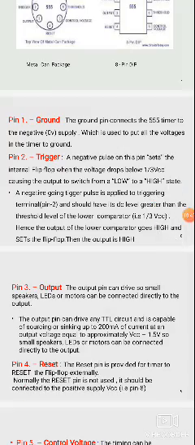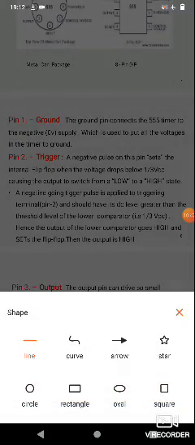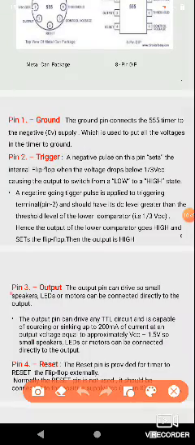The next pin is pin 3, used as the output pin. The output pin can drive small speakers, LEDs and motors, and it can be directly connected to the output section.